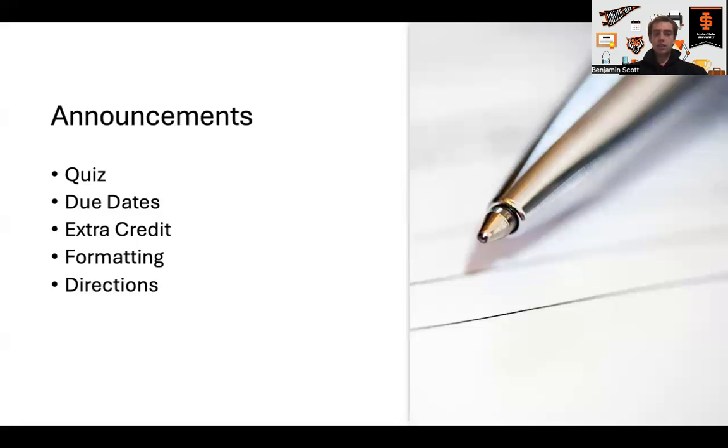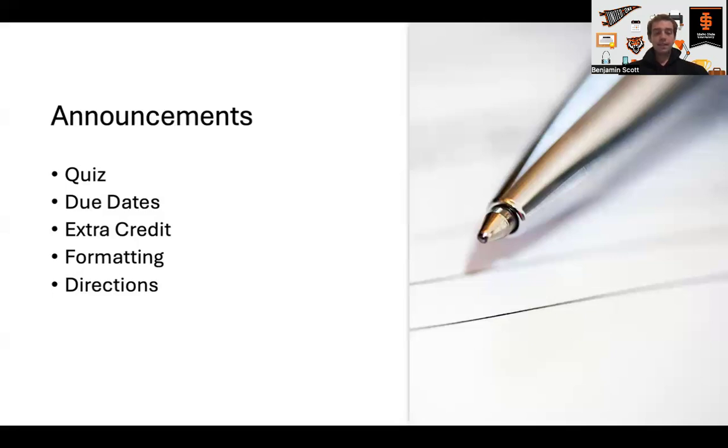Also, formatting. When you are citing sources, this is something that I've noticed as I've been grading recently. You need to cite your sources in the correct format. That can be MLA, that can be APA, whichever format you choose. I'd recommend one of those two, though.